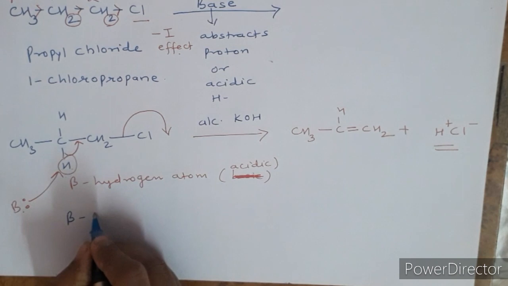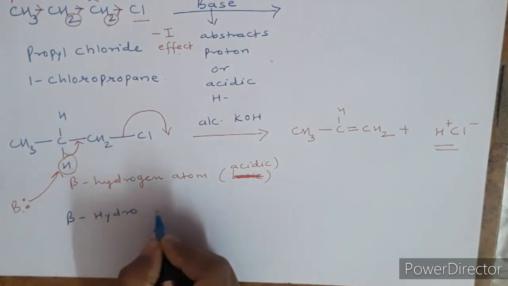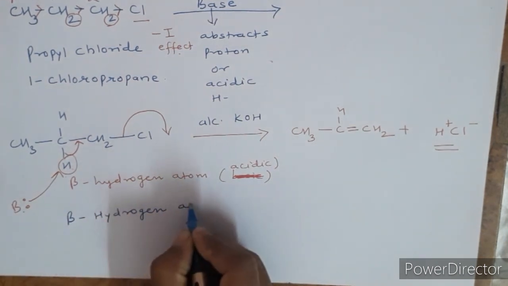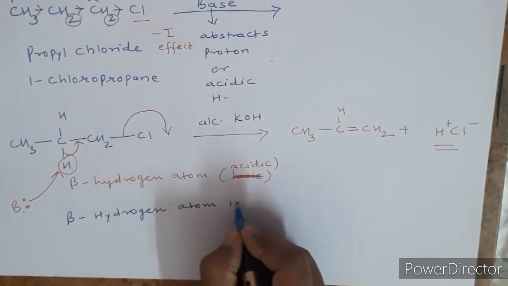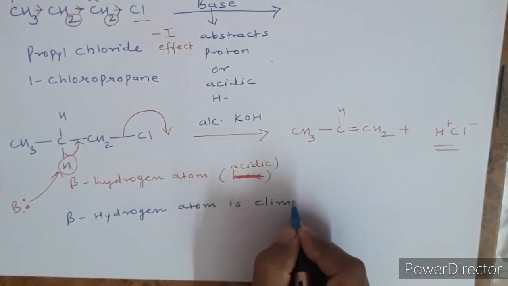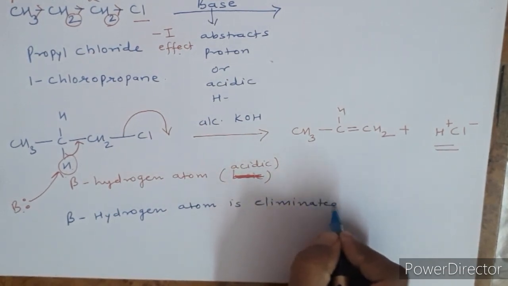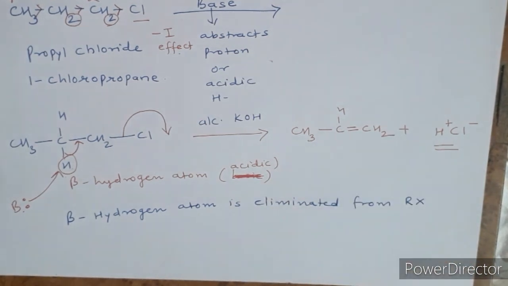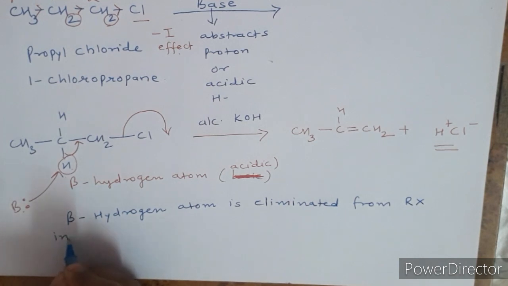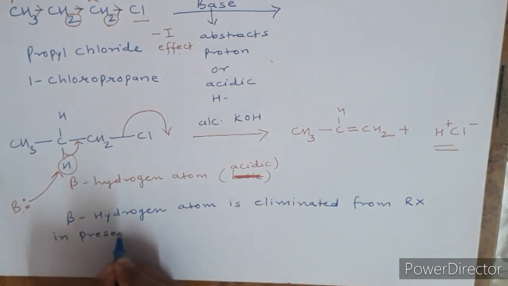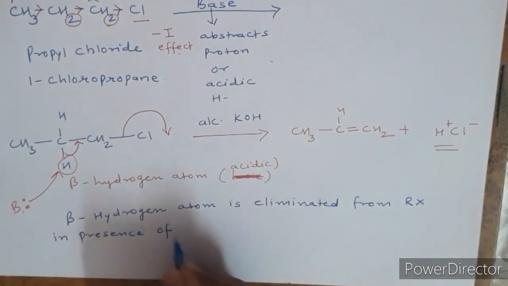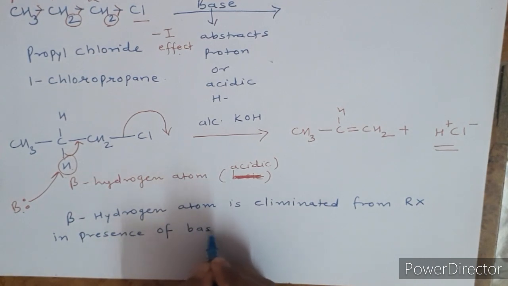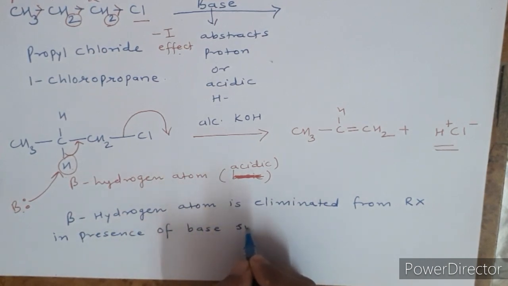During these reactions, that is beta elimination reactions, we should remember that the beta hydrogen atom gets removed and we get the formation of an alkene. Now how is this going to happen? It will happen in such a way that the more substituted alkene should be formed as the major product.